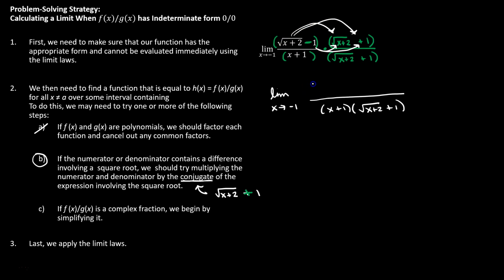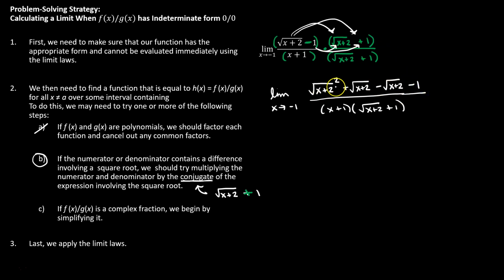In other words, I have the square root of x plus 2 squared. Next, I have that square root of x plus 2 times 1. Then I do -1 times the square root of x plus 2. And then lastly, -1 times +1.